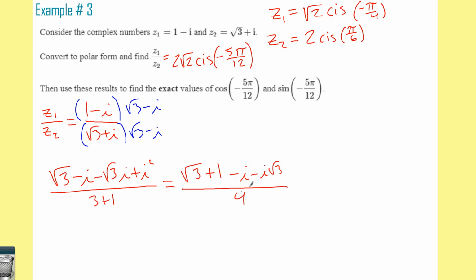So separate it. This is your real part: 1 plus the square root of 3 over 4. Since these are both negative, I'm just going to put a negative fraction. And I get i times the square root of 3 over 4.